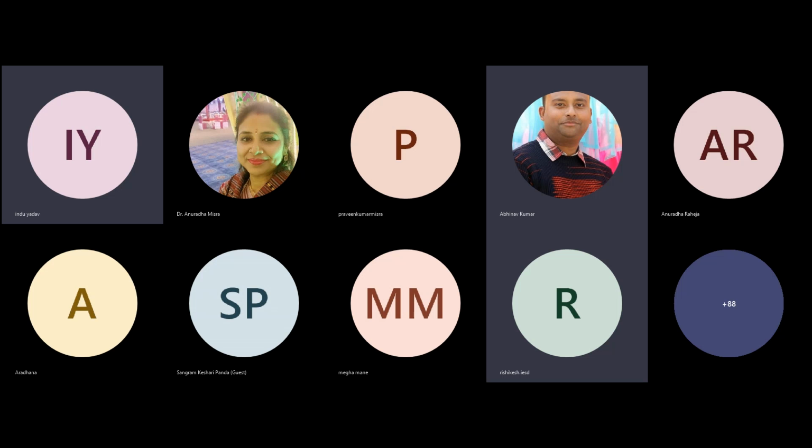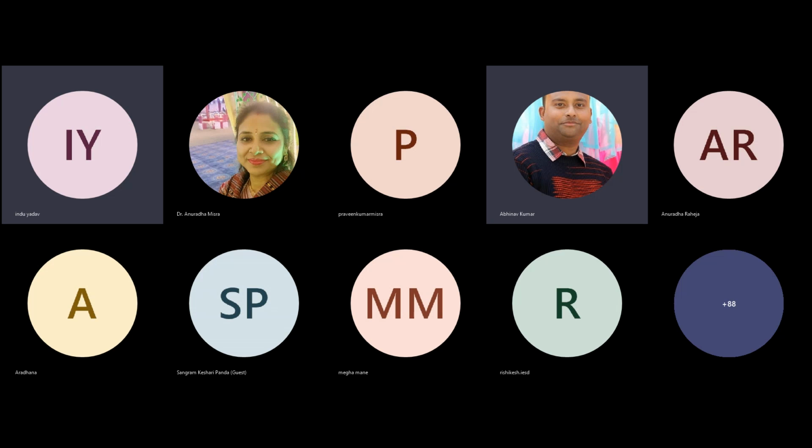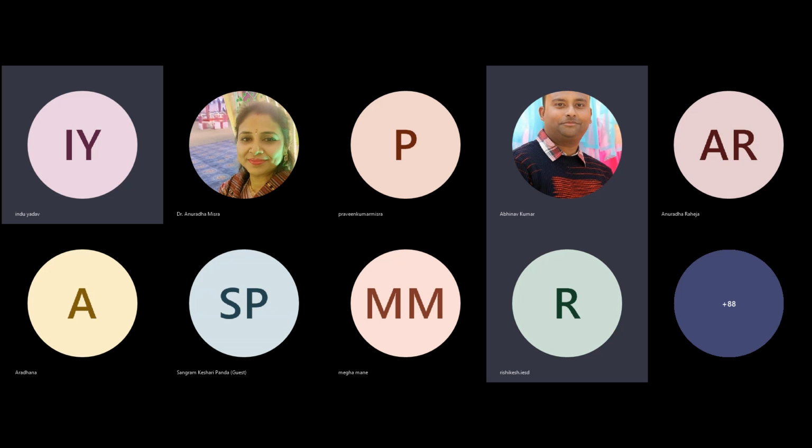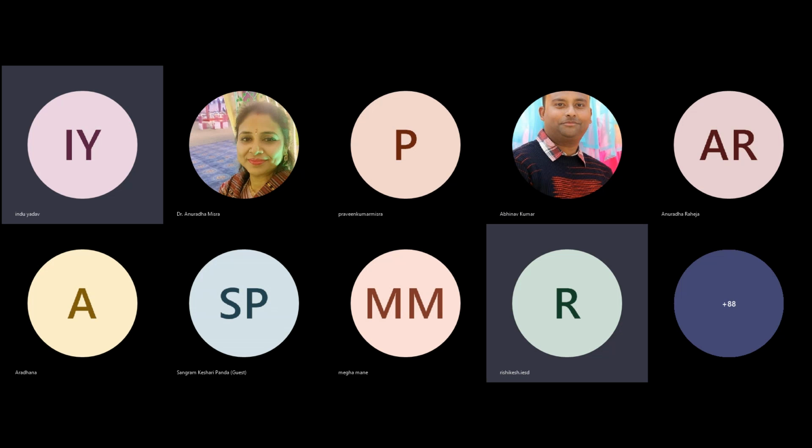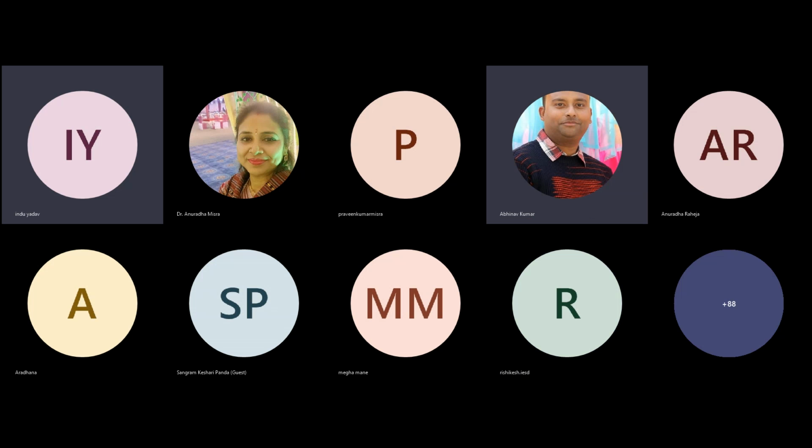There is some problem at his end, I think. Two people are appearing unmuted, Rishikesh and Indu Yadav. Are you audible now? Yes, sir, you are audible. Abhinav, please mute these Rishikesh and Indu Yadav. Okay, ma'am. You are visible and audible too, sir. I don't know why it is happening again and again.